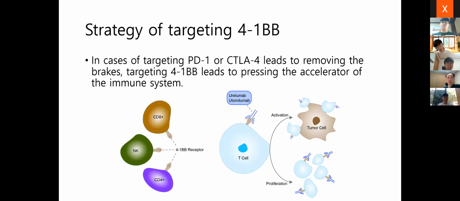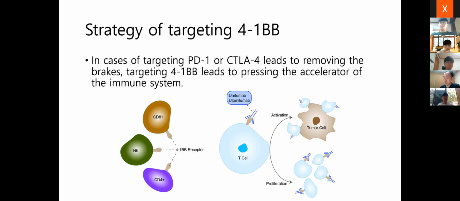The strategy of targeting 4-1BB is quite different from anti-PD-1 or anti-CTLA-4. In the case of targeting PD-1 or CTLA-4, the function of PD-1 or CTLA-4 is applying the brakes on the immune system. So when we use drugs targeting PD-1 or CTLA-4, we can remove those brakes so the immune system can do its work well.